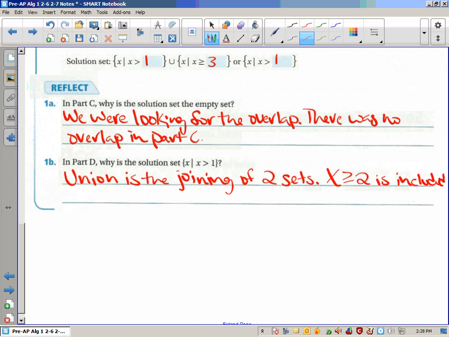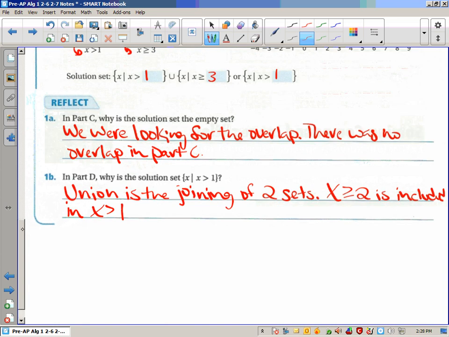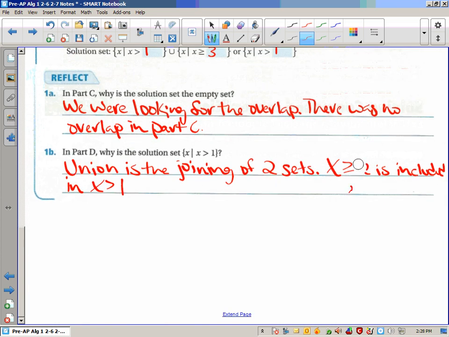So since x is greater than or equal to 3 is included in x is greater than 1, let me just make sure I have those right. Oh, it was 3, not 2. Same thing though. There we go. So since x is greater than or equal to 3 is included in x is greater than 1, then we only need x is greater than 1.